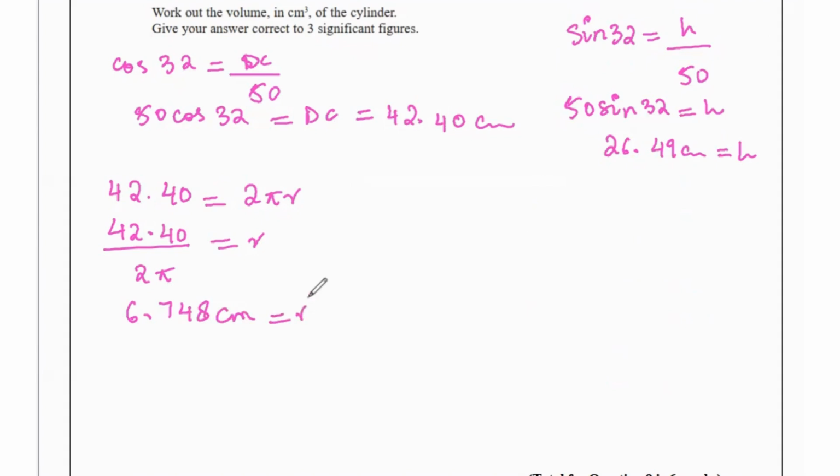Now that we have the radius and we have the height as well, we can easily find the volume of the cylinder. The formula is pi r squared h, which is given in the formula sheet.